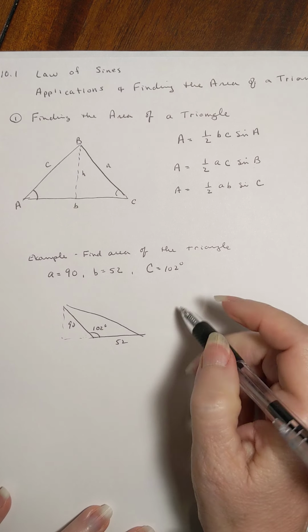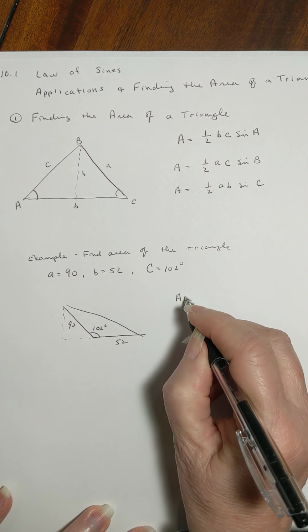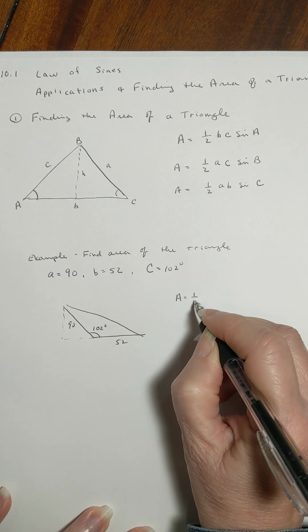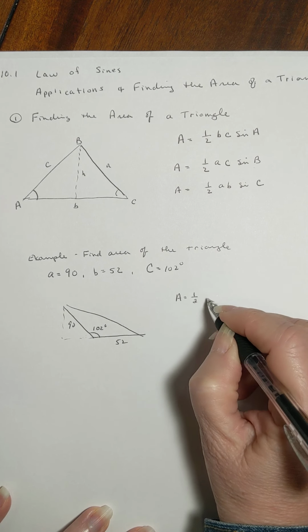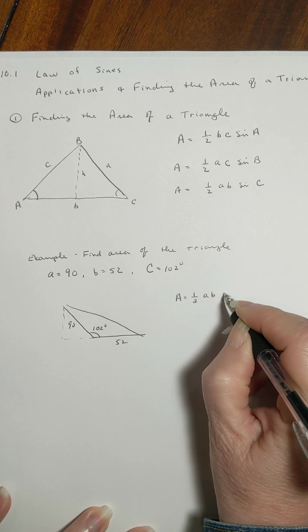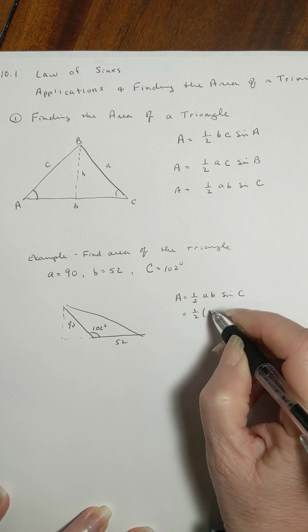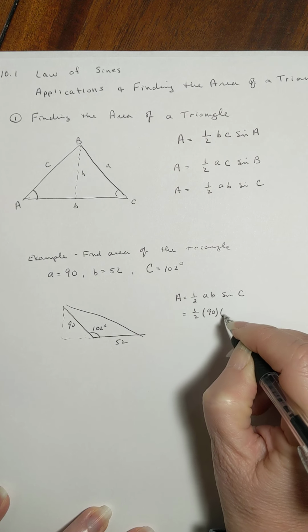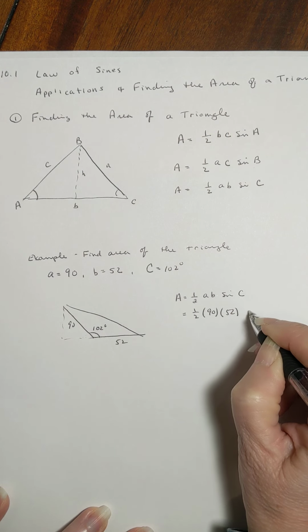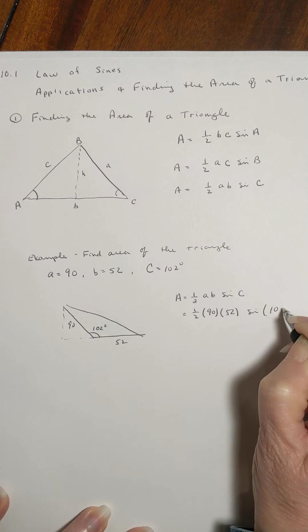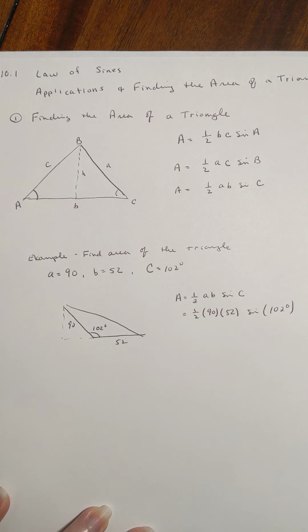I'm just going to use the formula. Area is equal to 1/2 AB times the sine of C. So this would be 1/2 times 90 times 52 times the sine of 102 degrees.